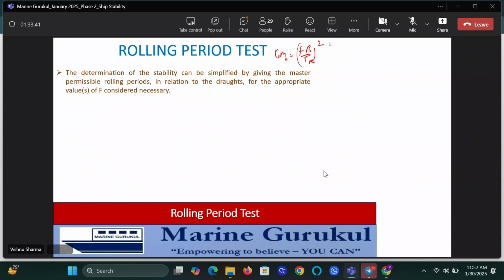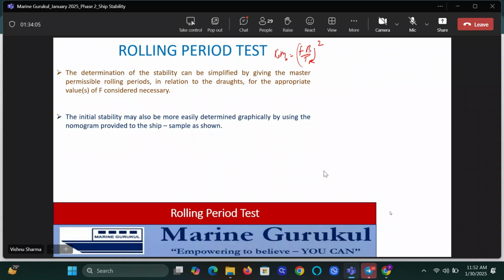That means they'll say, if your rolling period is within this window, then your stability is okay, depending on the draft. If draft is so much, rolling period should not be out of this limit. So this is how they could advise, or they could give a graphical representation called a nomogram, which the skipper could use easily.